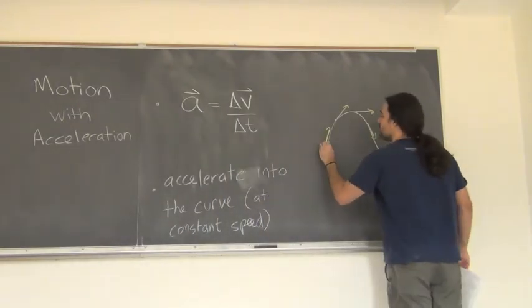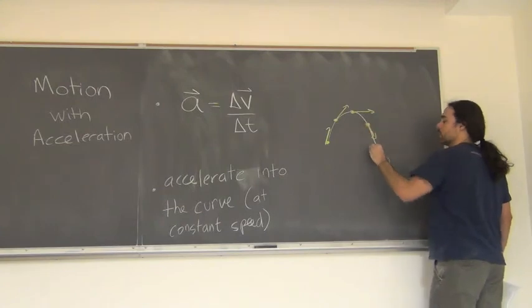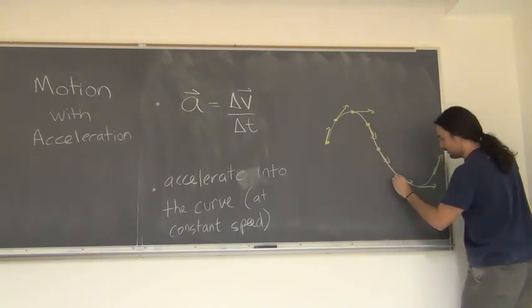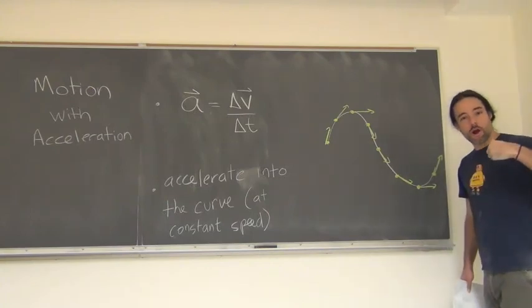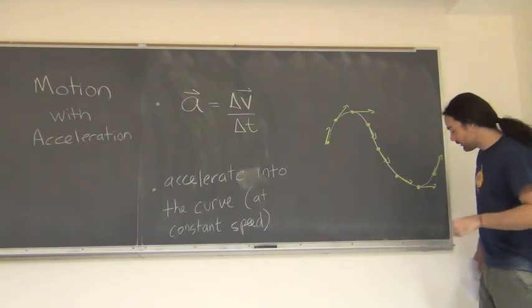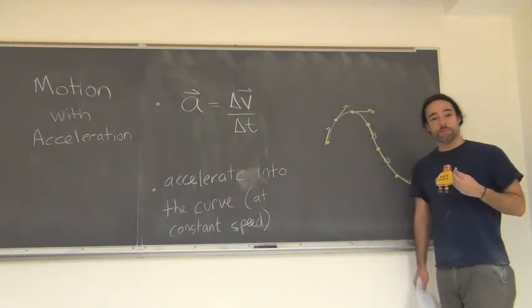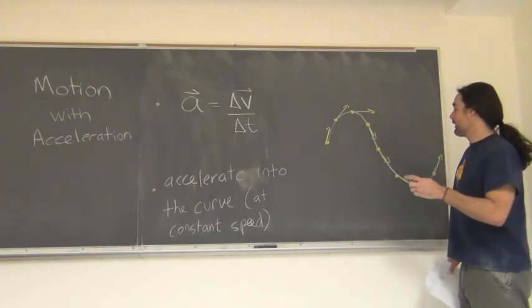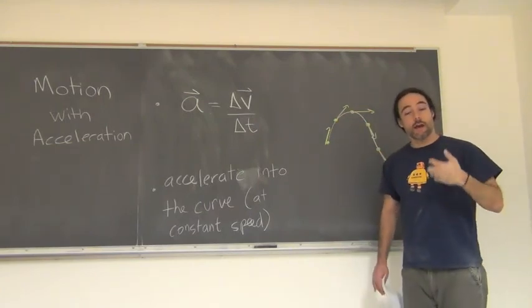So at this point, the velocity vector is pointing along the curve, same thing here, same thing there. At all of these points, my arrows are along the tangent line to the curve. And we can write our acceleration too. Notice that I've drawn all of these arrows about the same size because I said we're moving at a constant speed.